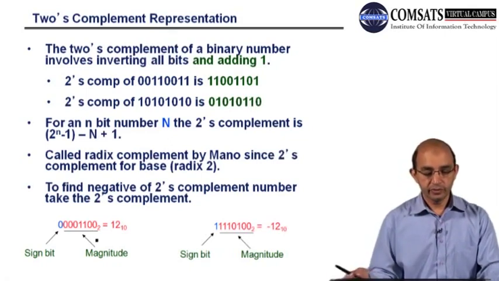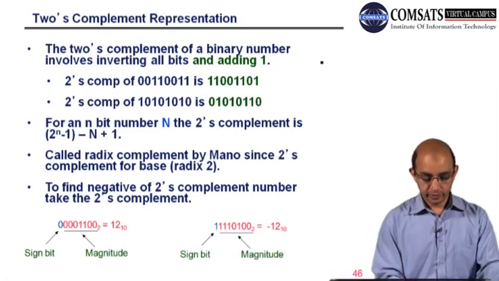What we need to do: if I want to take the 2's complement of 0 0 1 1 0 0 1 1, I will be inverting all the bits. This is 1's complement.